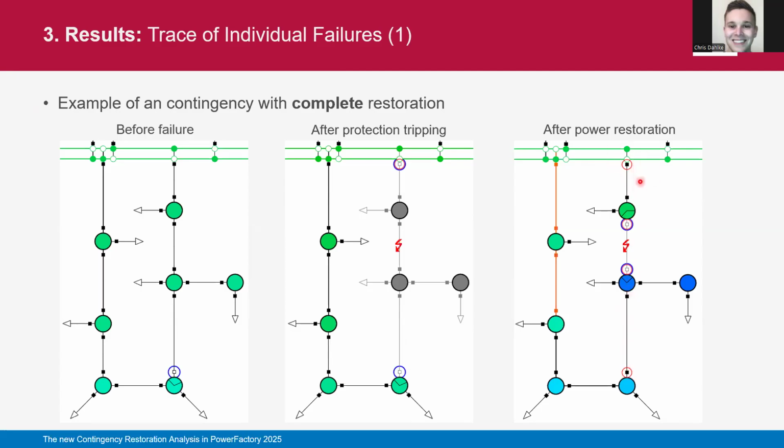So not everyone can be resupplied from the normal side where they have been supplied beforehand, but some have to be resupplied from another feeder in this example. This may lead to voltage deviations and higher loadings, of course, but in that case, it works without any violation of any constraint.